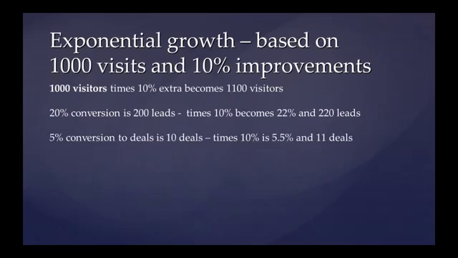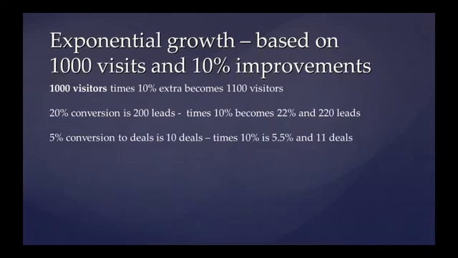We're basing this on 1,000 visits. For some of you that's a day, for some a week, for some probably a year. But if we focus on getting a small 10% improvement on various elements of your business, then 1,000 visitors becomes 1,100. If you had a 20% conversion to lead rate, in other words, out of those 1,000, 20% put their details in the form on your site, then that's 200 leads.